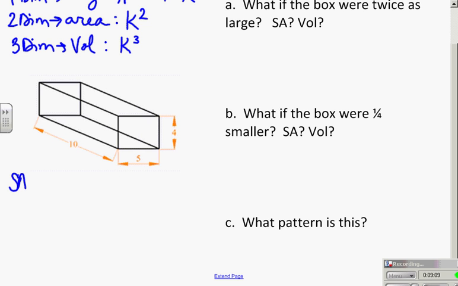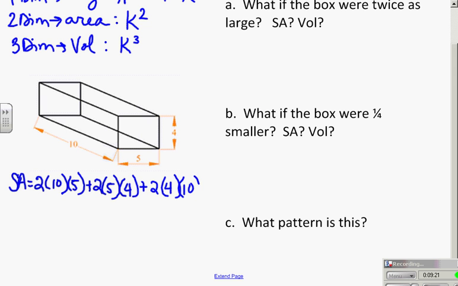So our original. We need to know our original surface area, which is 2 times 10 times 5 plus 2 times 5 times 4 plus 2 times 4 times 10. And that is 220 units squared.